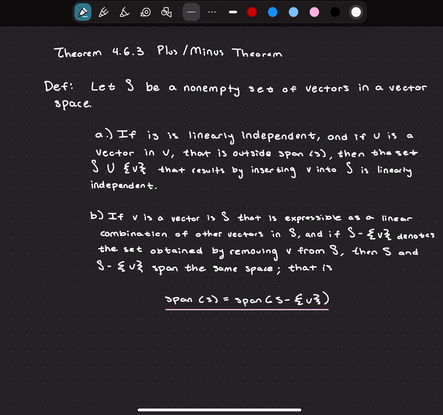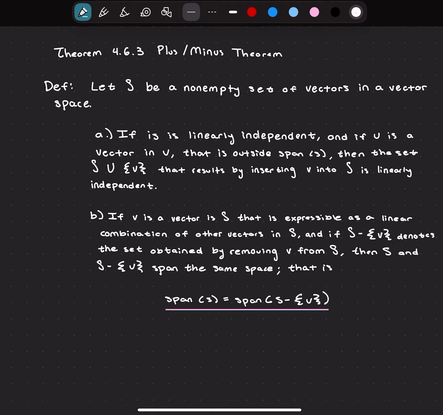let's say we have S be a non-empty set of vectors in a vector space. Part A says, if S is linearly independent, and if v is a vector in V that is outside of span S, then the set S union v that results by inserting v into S is still linearly independent.